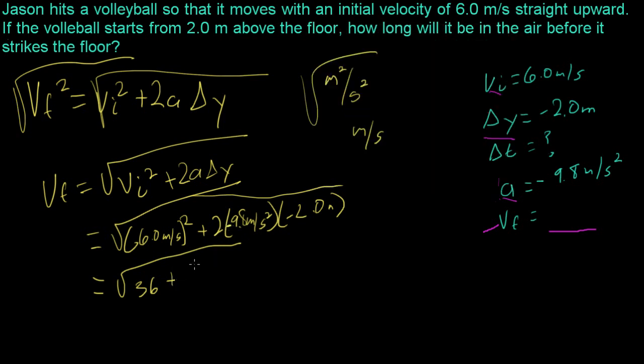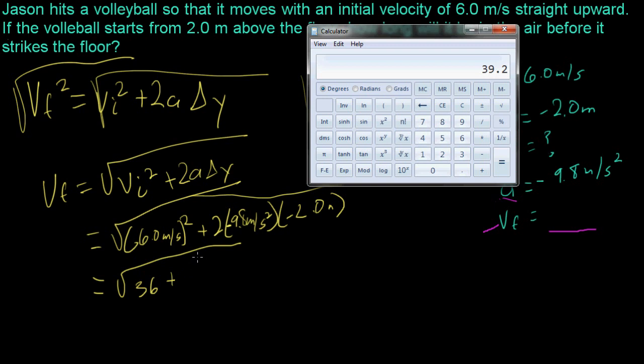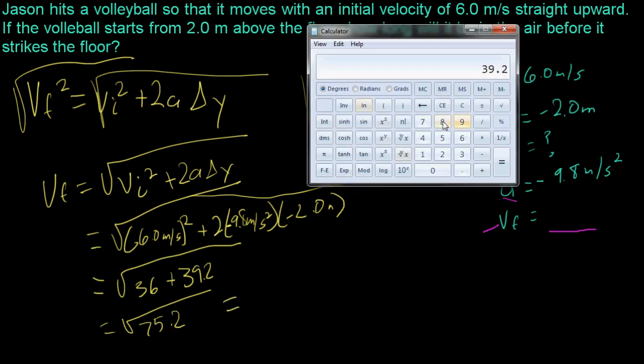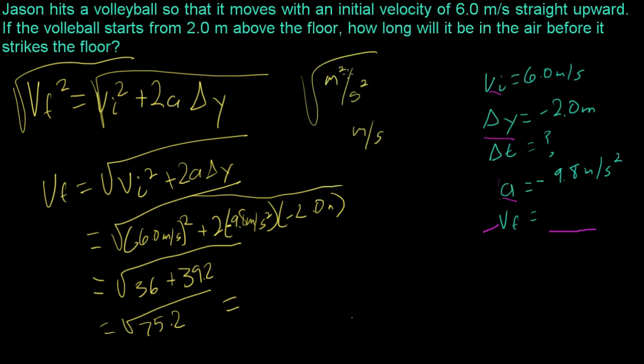So we get the square root of 36 plus 39.2, which is 75.2. The square root of 75.2 is about 8.67. Cool. So our final velocity is about 8.67 meters per second.